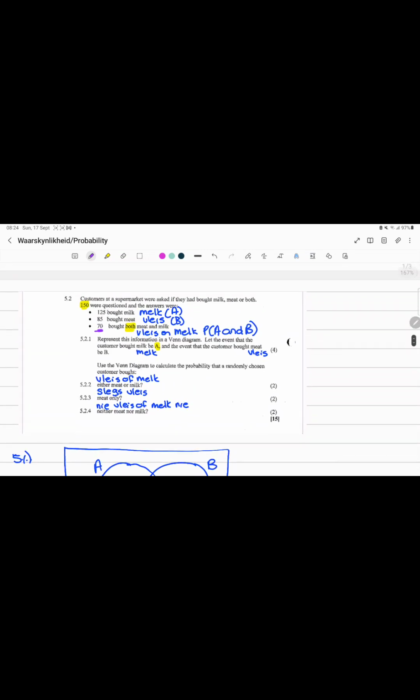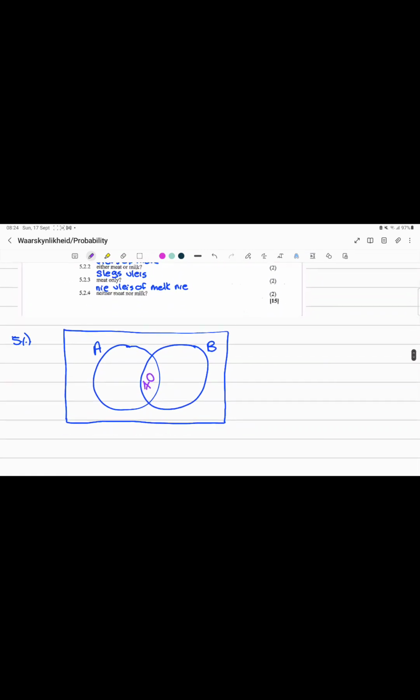Now, how many people did buy milk? They said 125 bought milk, so we know the total in circle A will be 125. To work out what's left in this part here, we say 125 minus 70, which gives me 55.